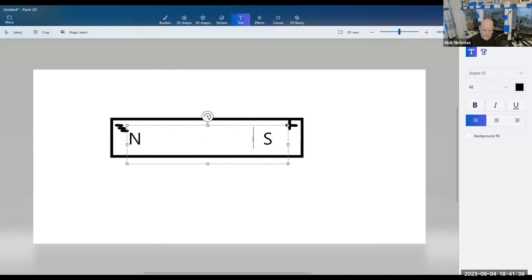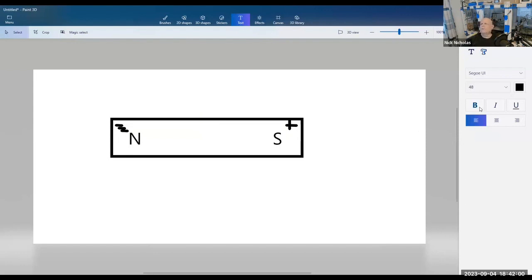Let's go back one. Now, you all know if you put a north magnet to a north magnet, it will push away, and you put a north magnet to a south, it will pull to each other.